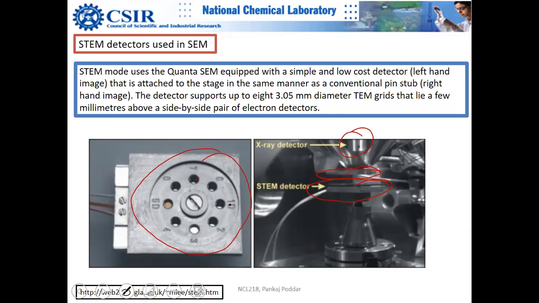You can put your 1, 2, no, not 1, 2, right? Some completely 2, 3, 4, 5, 6, 7, 8. I don't know what kind of nomenclature they are following, but you can see that you can put your grids here. So you can do it in transmission mode.